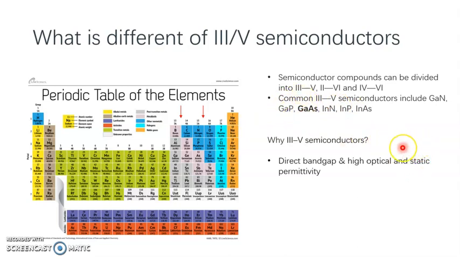So why do we use the III-V semiconductors? The most important reason is that most of them have a direct band gap and high optical and static permittivity.